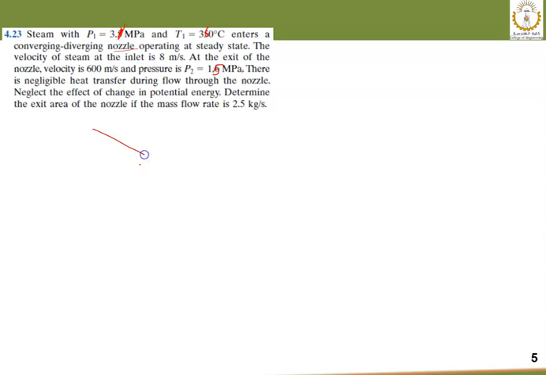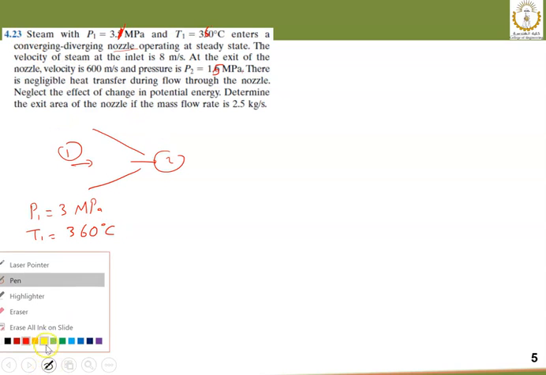So we have a nozzle. Let's draw that. This is 1, this is 2. So P1 equals 3 megapascal, and T1 equals, I changed it into 360 degrees Celsius, enters a converging diverging nozzle.